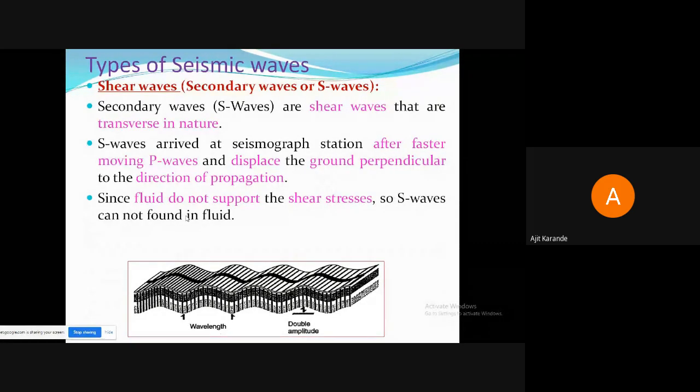Hence, these waves cannot pass through liquid material since it does not have any shear strength. Any type of liquid material, either water or some other material, does not have any shear strength, and that's why S waves or shear waves cannot pass through a liquid medium.